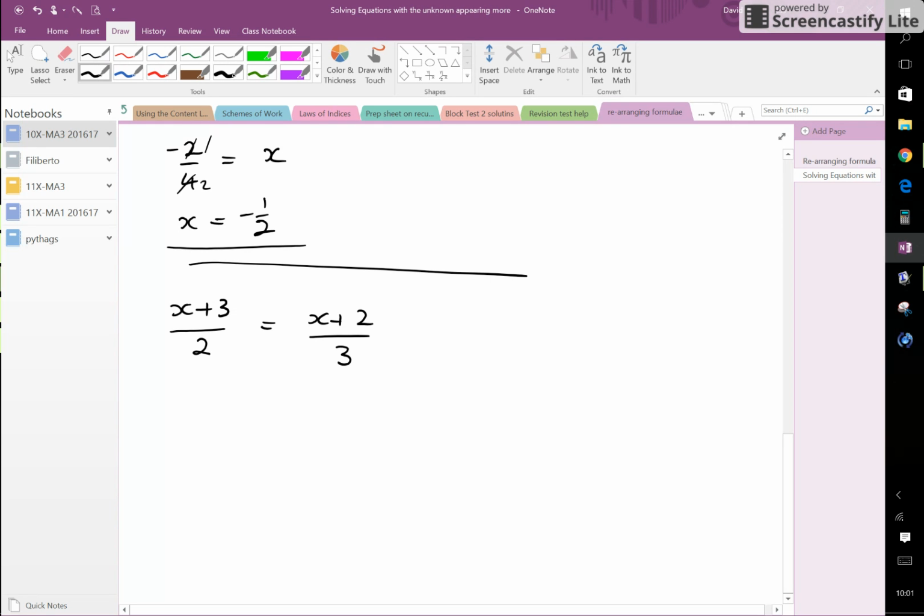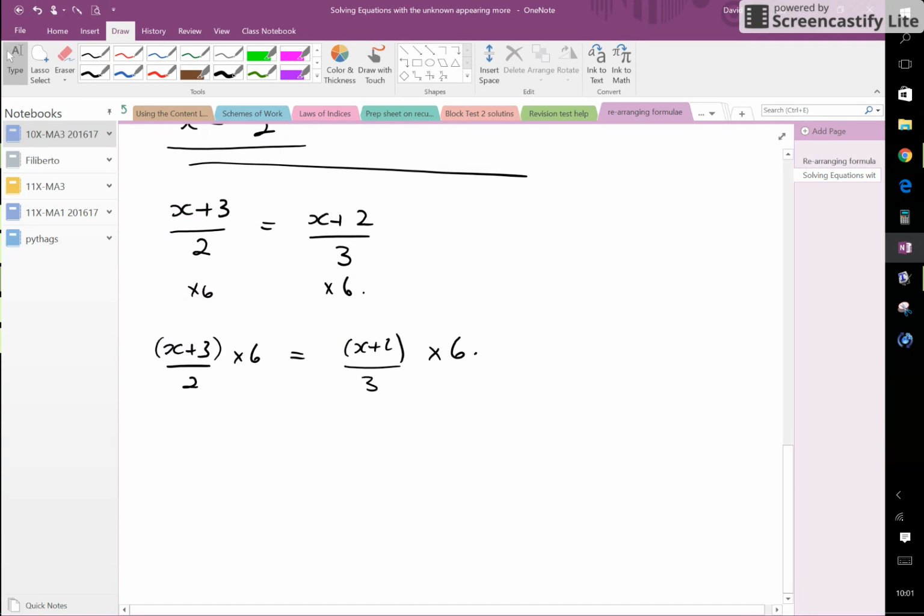So let's do that. We multiply both sides by 6. We're going to have what we've already got times 6. I'll put this in brackets just so that it's clear. And we're going to multiply this by 6. And if we do that, we can cancel down now. 6 divided by 2 is 3, and 6 divided by 3 is 2.